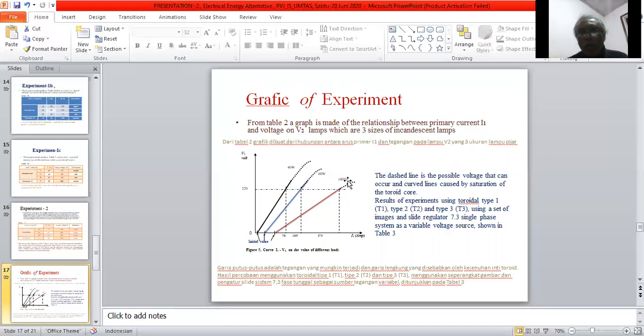For the 100 watt lamp, the graphic is in red color, 60 watt in blue color, and 40 watt in black color.